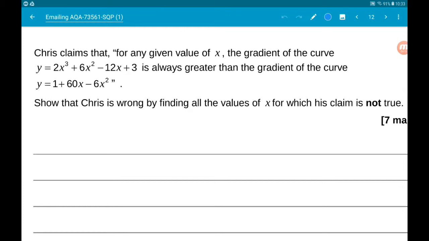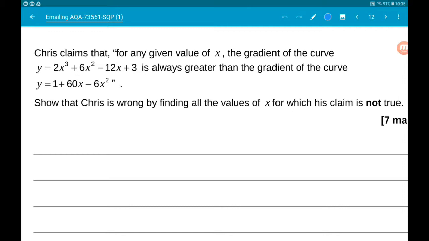So, Chris claims that for any given value of x, the gradient of the curve y equals 2x cubed add 6x squared minus 12x add 3 is always greater than the gradient of the curve y equals 1 add 60x minus 6x squared. We want to show that Chris is wrong by finding all the values of x for which his claim is not true.